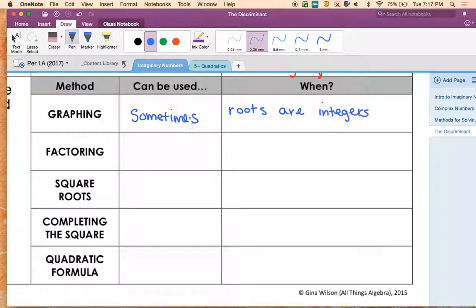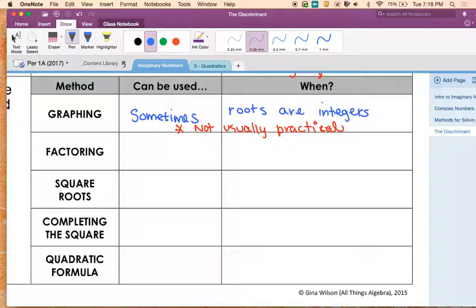Okay? And I'm going to put on here not usually practical. It's not usually practical. Students will rather solve them. I've never heard a student say, wait, let me graph it. So no, not really practical. We try to find another method to solve it.